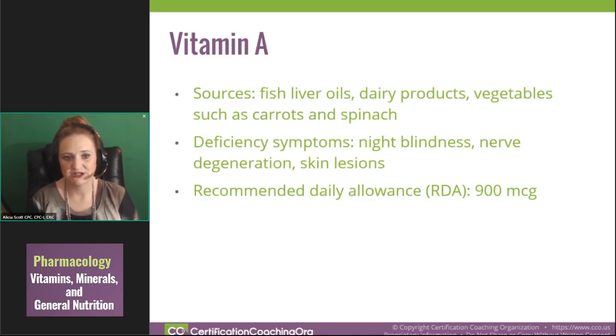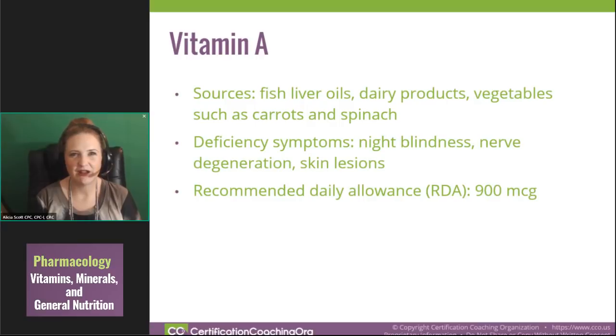Well, the vitamin A sources are going to be predominantly in fish oils, and it is in dairy products, but there are certain vegetables that are high in vitamin A, and that's carrots and spinach. Now, vitamin A is the one that we think of for our eyes.